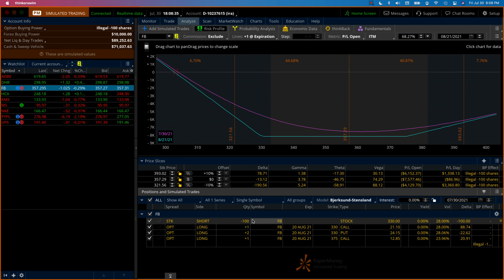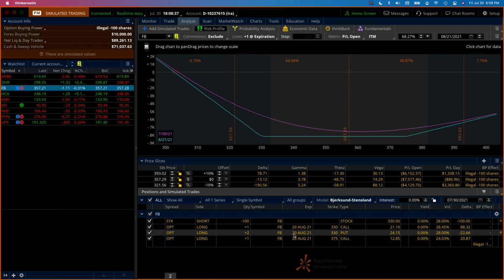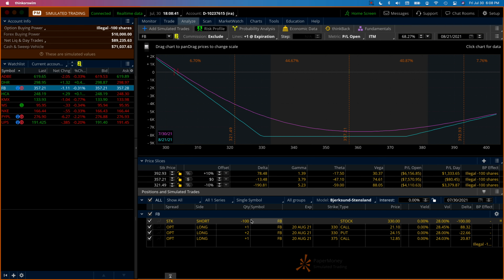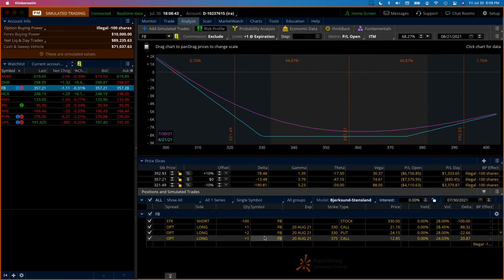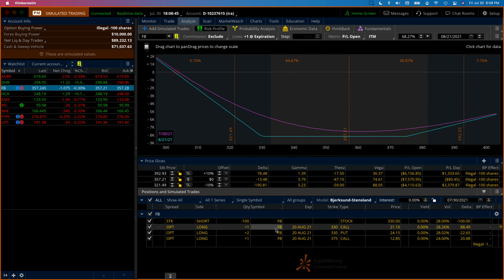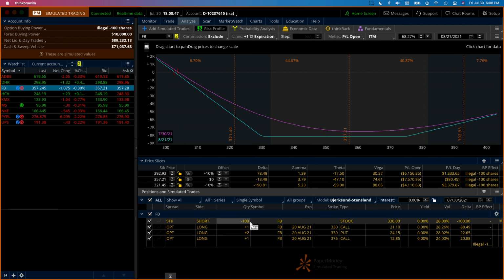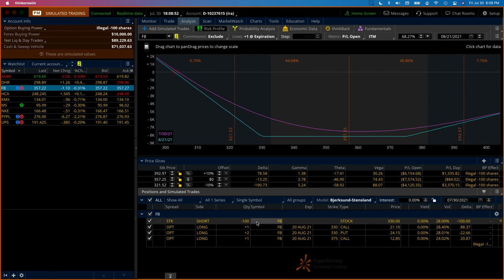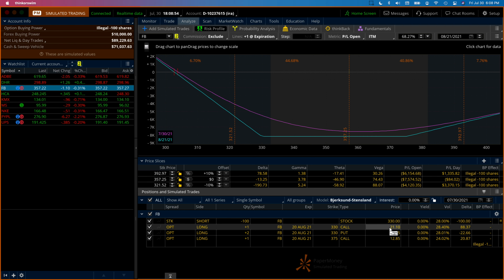So what do we do? Well, we do have a put here, and we have a call here, so how do we do this? What we want to do is close this call. We had a long call and a short call. That's why we got assigned, and the price was 330, as you can see.